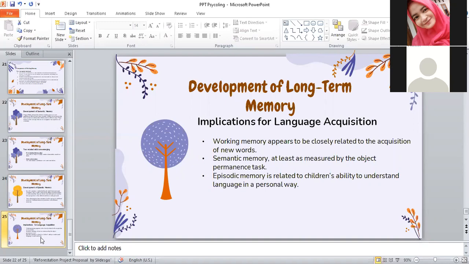The emergence of object permanence and representational skills is related to the child's acquisition of words that pertain to the appearance and disappearance of objects, such as "gone" and "more." The last, episodic memory, is related to children's ability to understand language in a personal way. It is likely that the emergence of episodic memory is related to the child's acquisition of personal pronouns such as I, me, and mine.